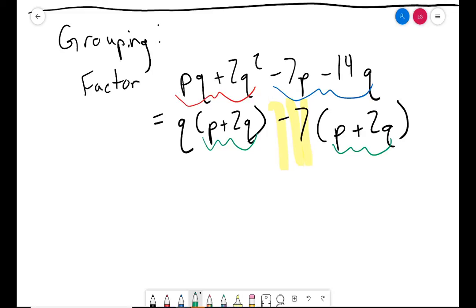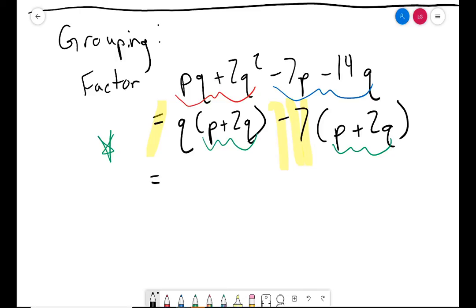So I think you can see at this step, if you were to distribute the q and distribute the negative 7 in their rightful places, you would go back up a line, right? You would be back to where we started. So that's important. Anytime we're establishing this equal sign, that has to be true. What we have done to the expression needs to be maintained. You need to keep an equivalent expression, though it looks different.